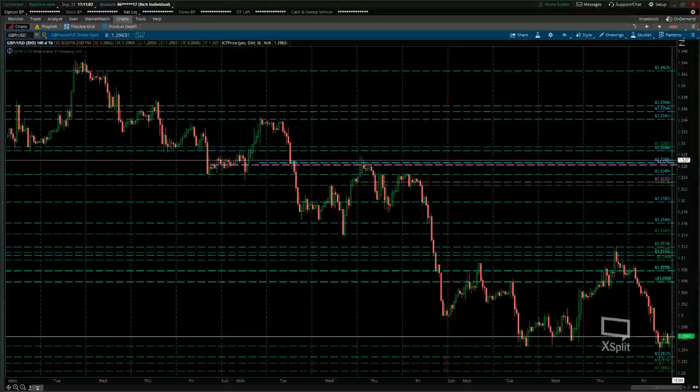And usually my first impression is not very good. My entry is in a wrong location. And then I also enter small. I only use 10, which is a micro lot, 10,000 versus 100,000, which is a standard lot on the Forex.